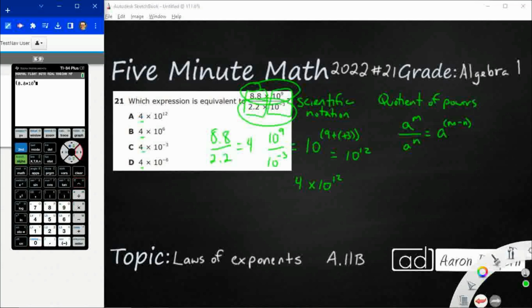You have to hit over so we can get a big parentheses, and then divided by, and then we could do 2.2 times 10 to the, and let's take the caret symbol to get the exponent, negative 3. Okay, we could do it that way. It's a little bit labor intensive, but look what we get there. We get 4e12.